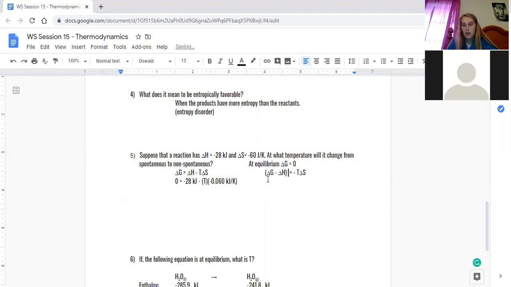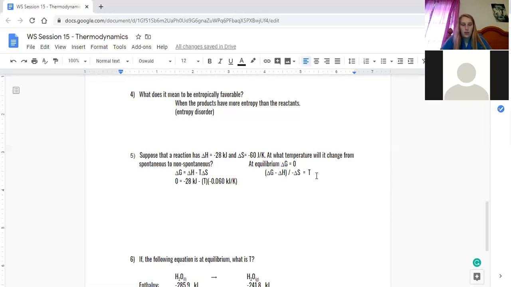So if we divide both sides by negative delta S, then you can find it that way too. And also if you want to, just to get rid of some of your negatives, you could flip the signs of all of them, but either way is fine.